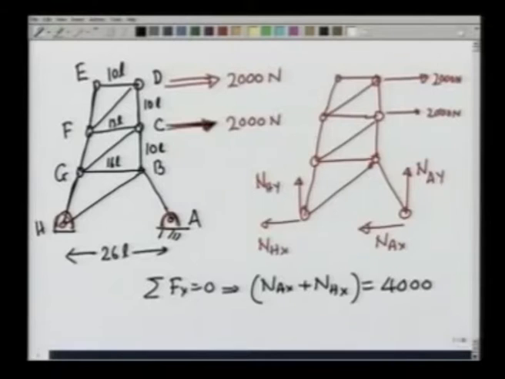Notice that I cannot determine from this equation NAX or NHX separately. Summation Fy equals 0 gives me NAY plus NHY to be equal to 0. That means NAY and NHY are going to be opposite.